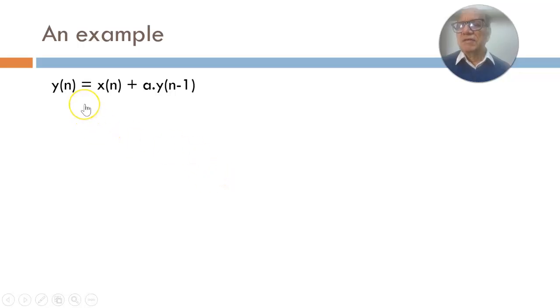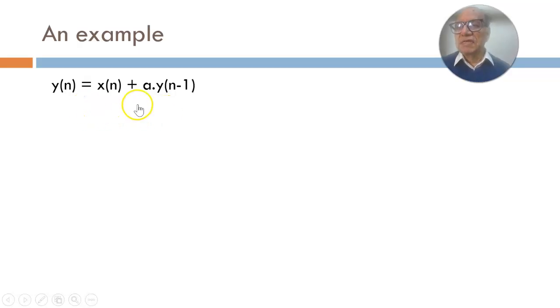This is one of the very simple equations for an IIR filter or a recursive filter, where the output depends on the present value of the input. The b0 is equal to 1, and it also depends on only one of the past values of the output, a times y[n-1], one sample time earlier. All right.